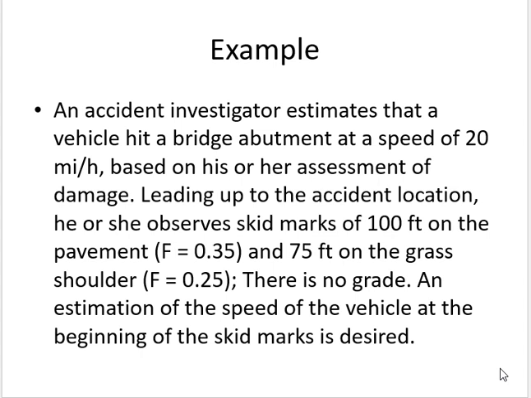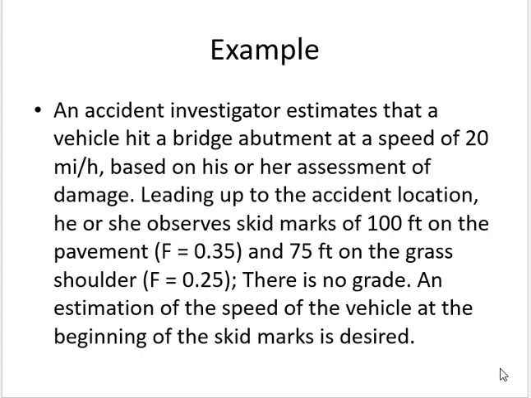Now all of this is braking, right? This 100 feet is braking, the 75 is also braking. We can combine them, total braking 175. But we will not combine them because of the difference in surfaces.